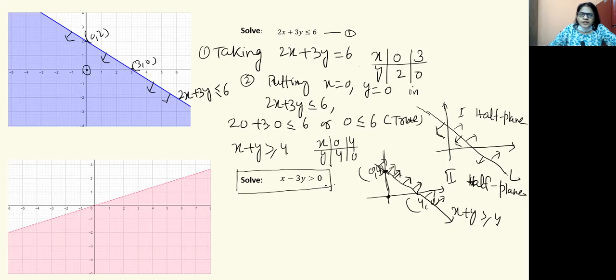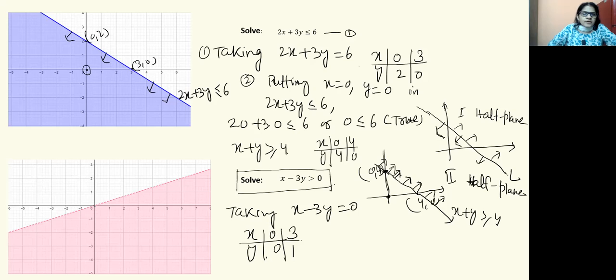Here it is greater than 0, not greater than equal. Be very, very careful. Now here also we take x minus 3y equal to 0. As usual, the way you have done the questions of linear equations earlier, the points are 0, 0 and then 3, 1.